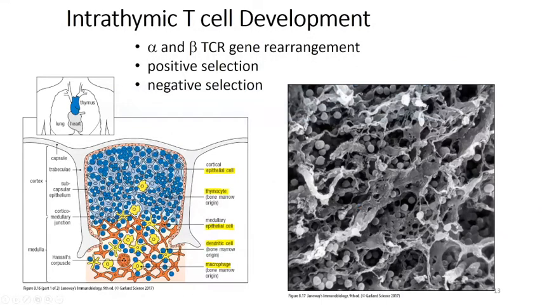So this is the thymus. Clinical diseases like DiGeorge syndrome involve defects of the thymus, and they lack T cells.